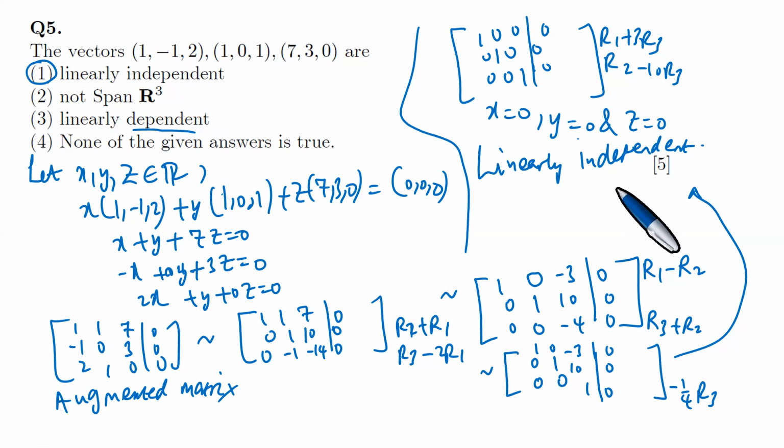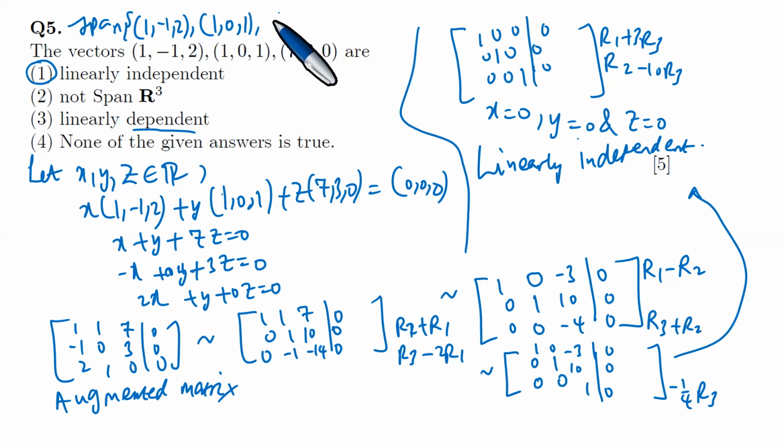So sometimes we speak about the span. We can find the span of a set of vectors like this one. Span means linear combinations.